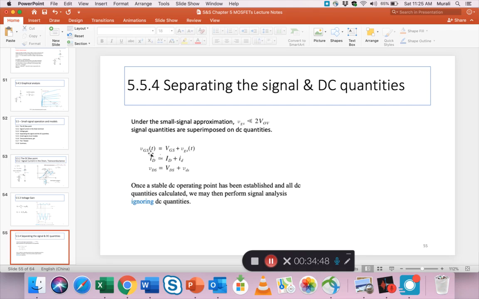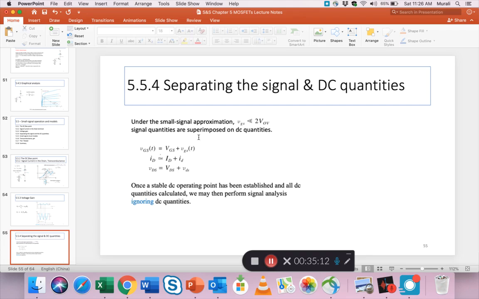vGS, for example, can be written as VGS plus vgs. iD can be written as ID plus id. The total small v drain to source is the sum of the DC value, which is big V big DS, plus small v small ds.